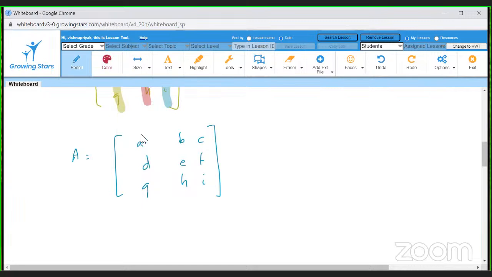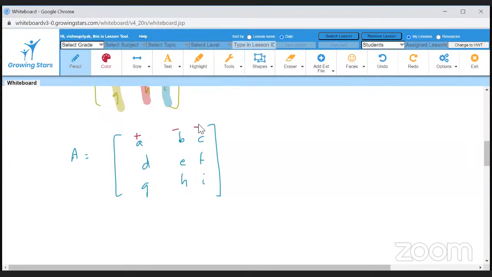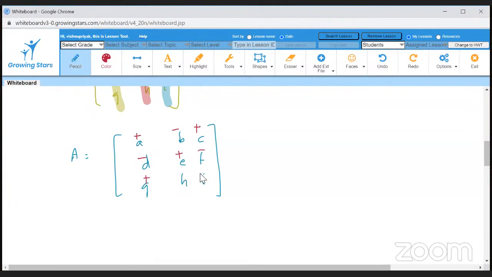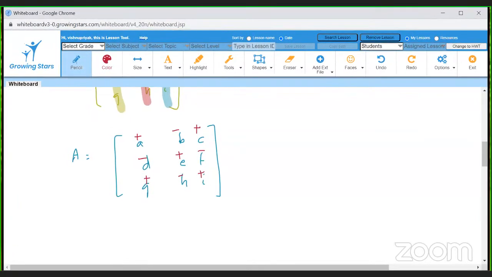If you take A, plus minus plus, minus plus minus, plus minus plus, these are the signs to be put, whichever row you take, whichever column you take. Remember the signs. They alternate.